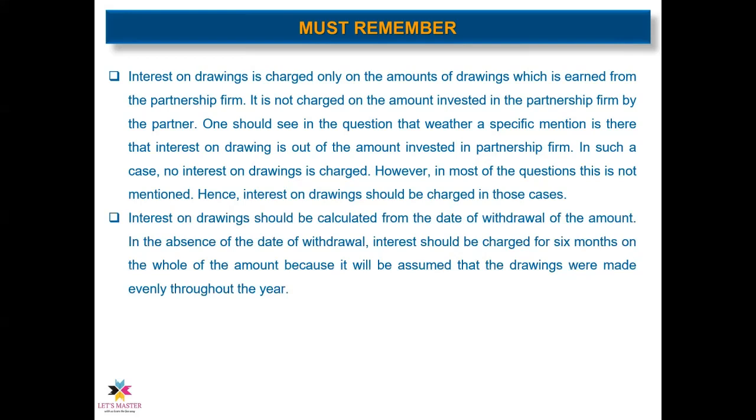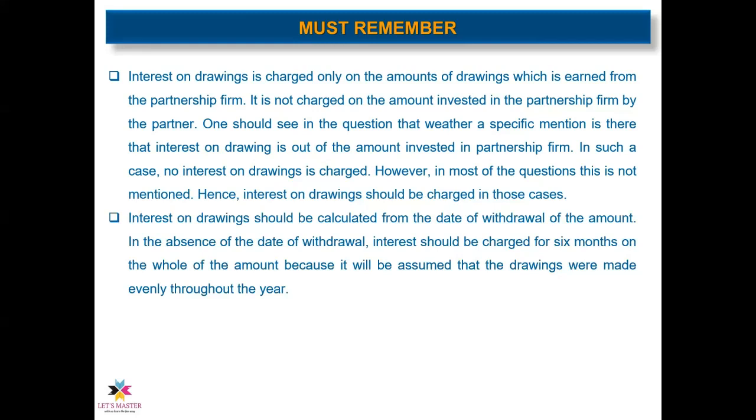Interest on drawings should be calculated from the date of withdrawal of the amount. In absence of the date of withdrawal, interest should be charged for 6 months on the whole amount, because it would be assumed that drawings were made evenly throughout the year.